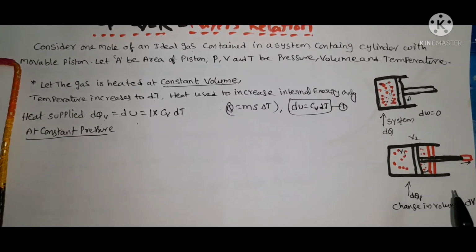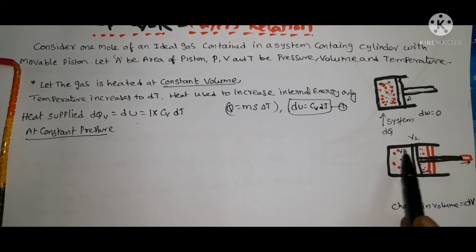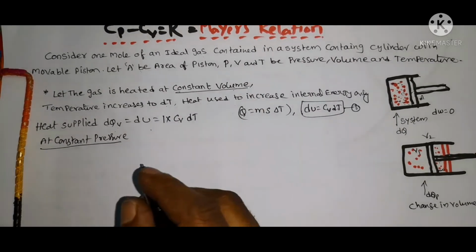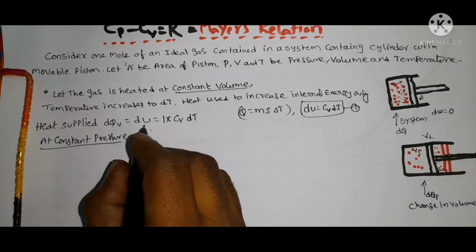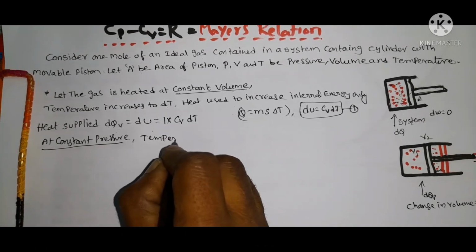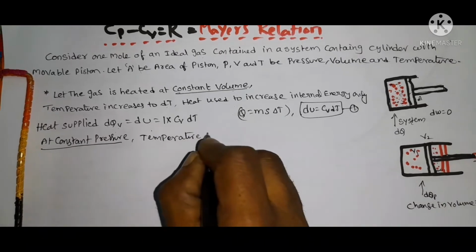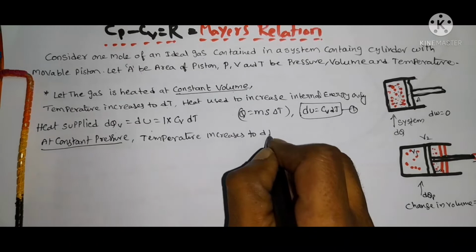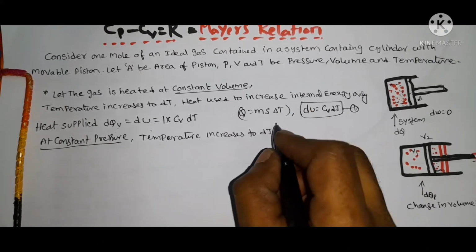See, at a constant pressure, heat supplied can be utilized in two ways. One is for internal energy, another is to do the external work done. That means at a constant pressure, temperature increases by dT.